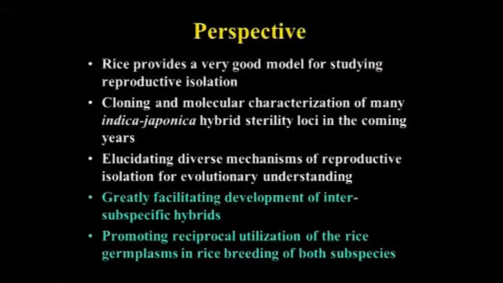As for the perspective, I believe a lot of genes in rice will be cloned in the next few years for reproductive isolation, especially for indica-japonica hybrid sterility, and other types such as hybrid weakness. Cloning and molecular characterization of these genes would uncover diverse mechanisms of reproductive isolation for evolutionary understanding of the systems.